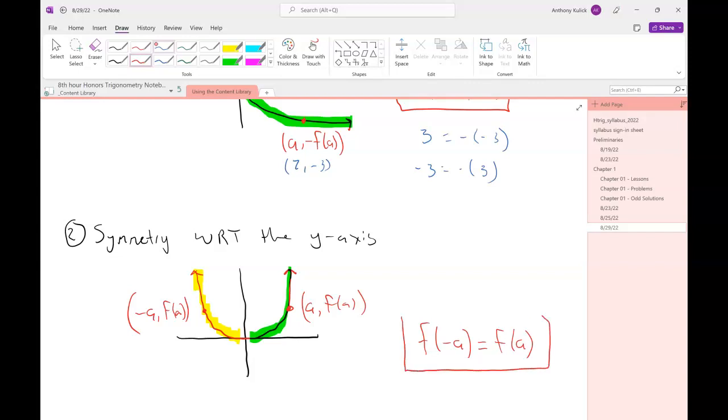That's our algebraic description. And these type of functions that have this symmetry get a special name. We call these guys even functions. We okie dokie here? No biggie, right? At least not yet.